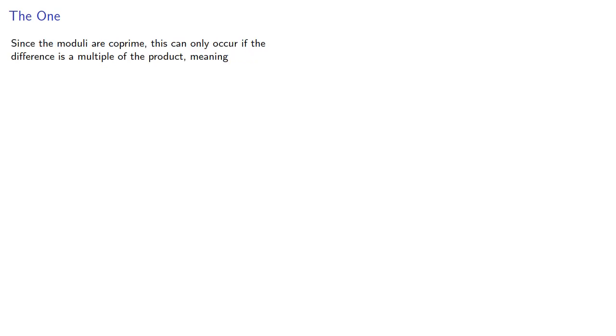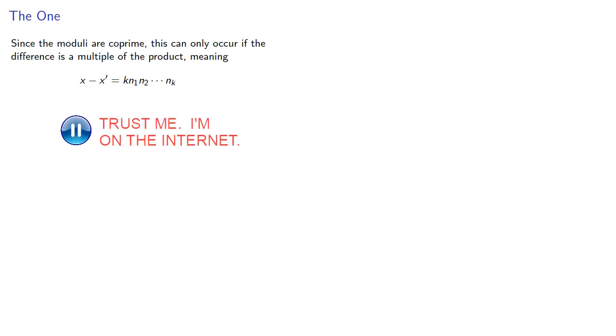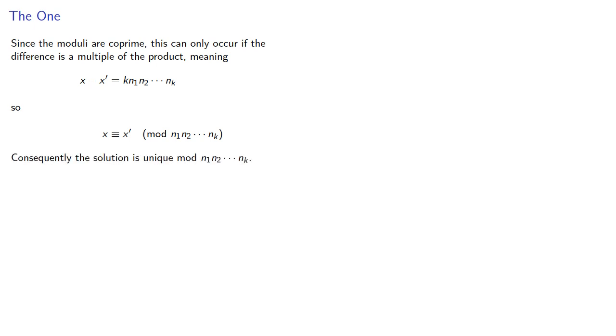Now, since the moduli are coprime, this can only occur if the difference is a multiple of the product, meaning the difference is something times the product of all the moduli. So x is congruent to x prime mod the product. Consequently, the solution is unique mod the product of the moduli.